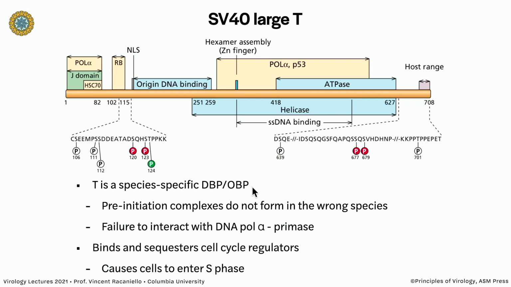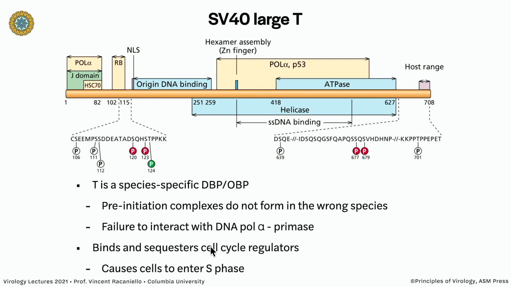There are murine polyomaviruses, where the murine virus will not reproduce in primates and vice versa. And much of that restriction, host range, is due to the T antigen. These pre-initiation complexes, where the T antigen is binding the origin, don't form in the wrong species. As a consequence, you cannot recruit Pol alpha primase to the template, so the DNA never replicates.